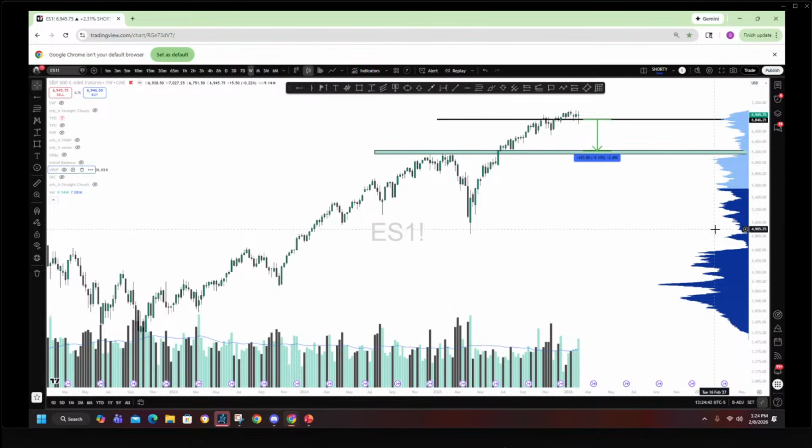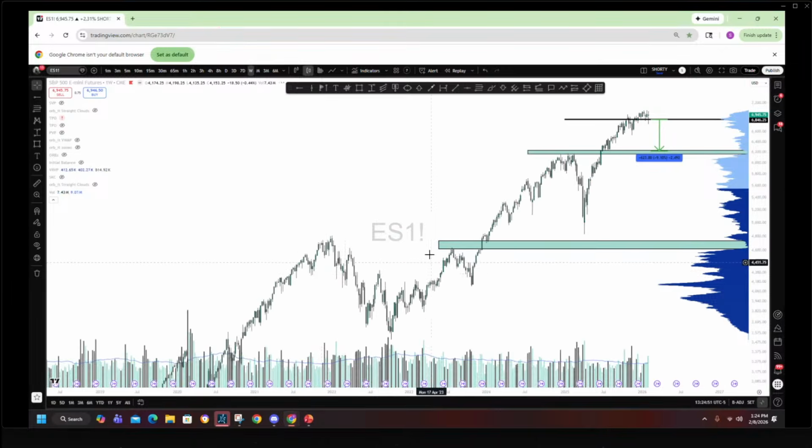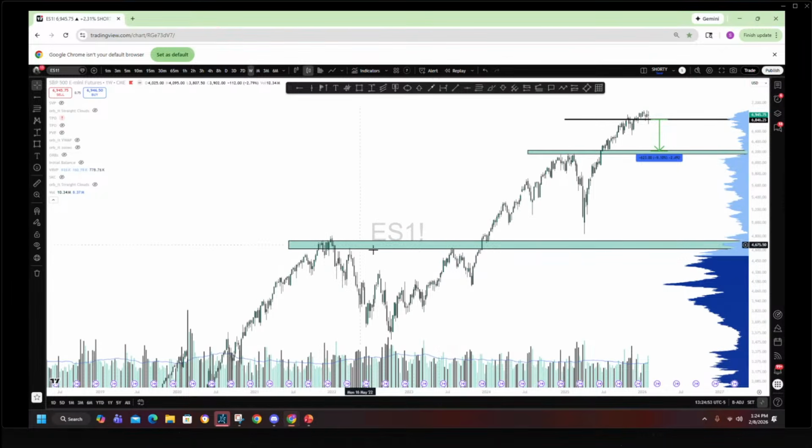So you see how we came to this LVN in a massive volume area here. How they defended that pretty nicely. Also, the prior all-time high came. But this kind of gives you a clear view.